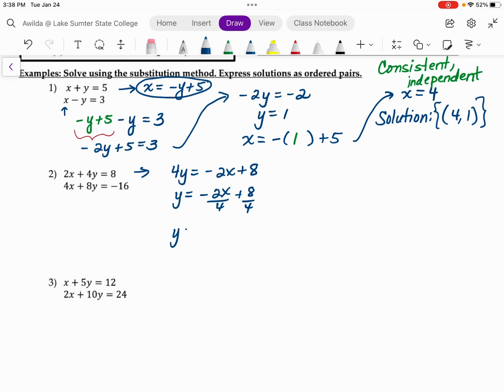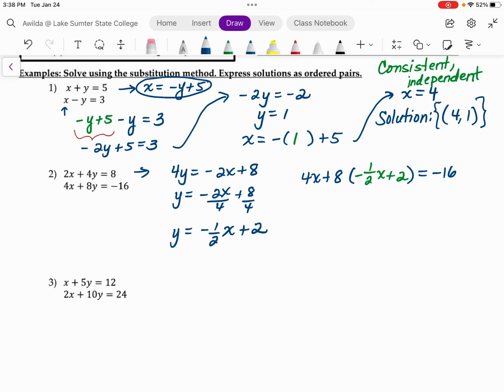So I get y is equal to negative 1/2 times x plus 2. Now, in the second equation, I need to substitute this value of y where I see the variable y. So in this case, I'm going to use 4x plus 8 times what y stands for equals negative 16. Well, what y stands for is negative 1/2 times x plus 2.